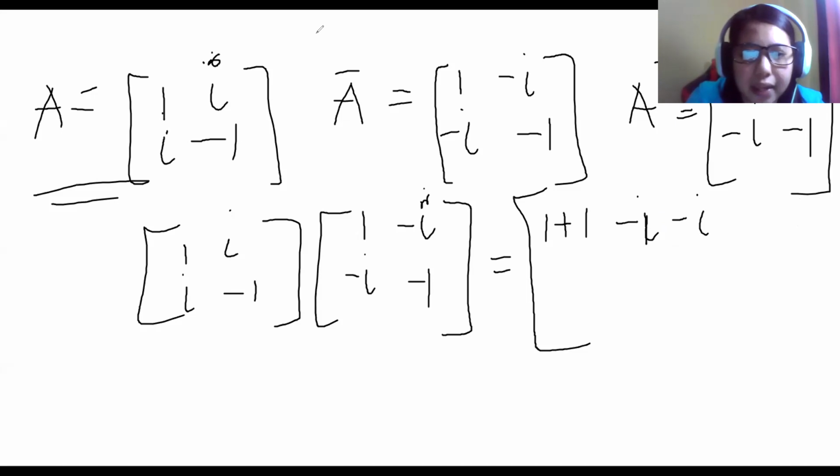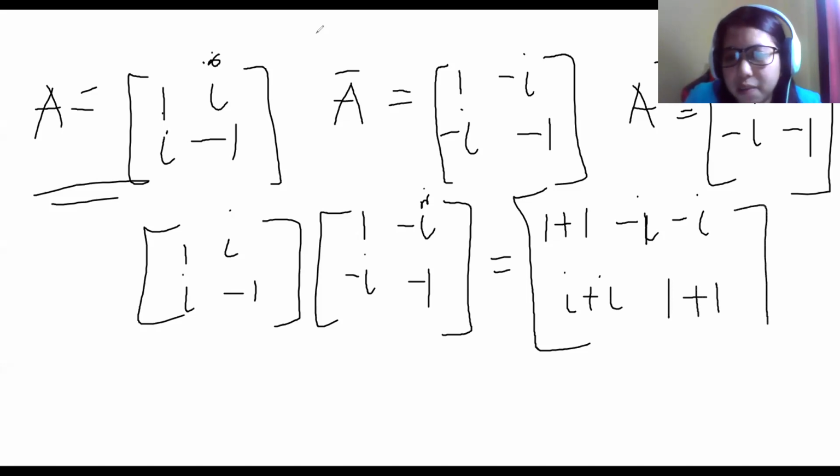Followed by i times 1 is i plus negative positive i. Followed by negative i times negative i is negative i squared plus, that's plus, and then negative 1 multiplied by negative 1, that is again plus.